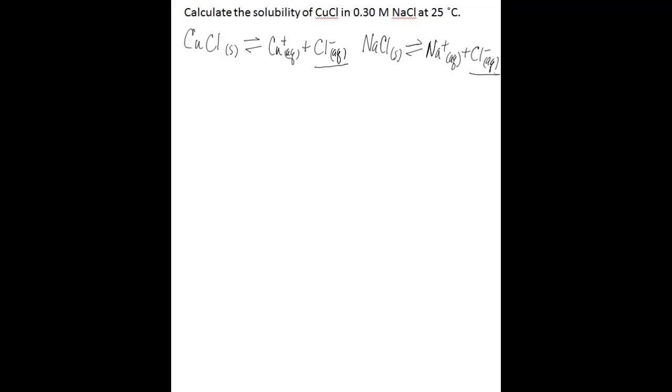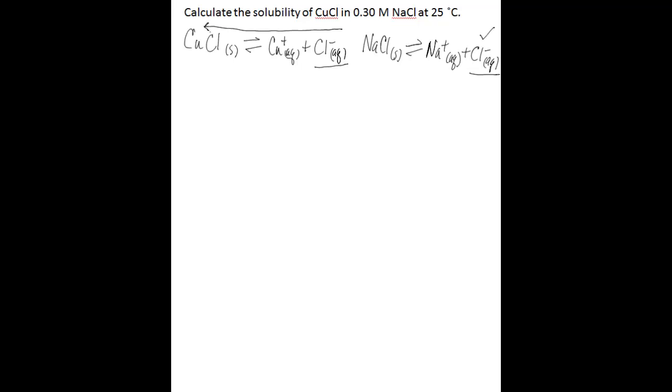And you know that qualitatively, when there is a common ion present, according to Le Chatelier's principle, it will make the compound of interest less soluble. This is because sodium chloride is adding extra chloride to solution. When there's extra chloride in solution, the equilibrium for copper chloride shifts from right to left.